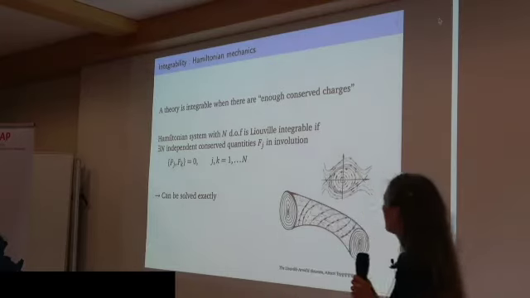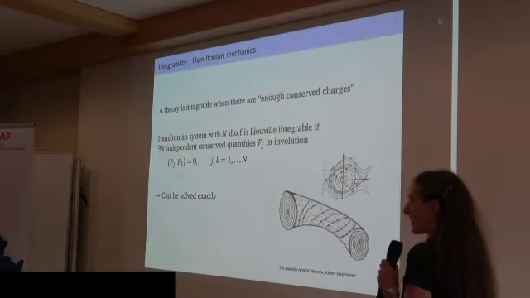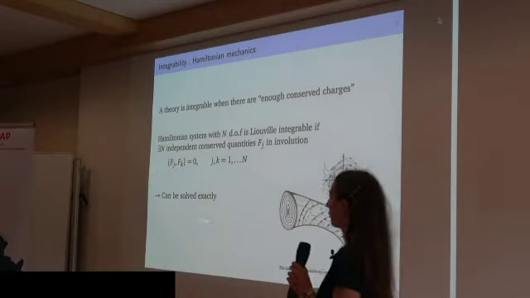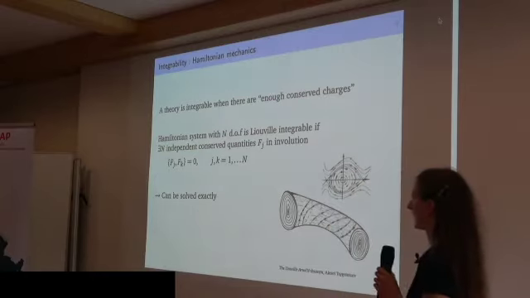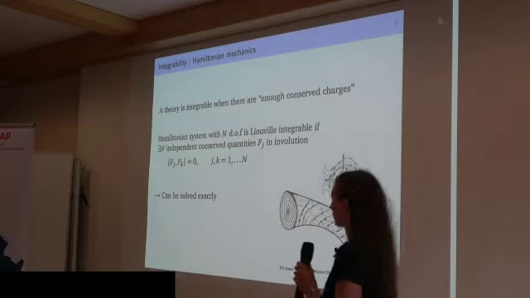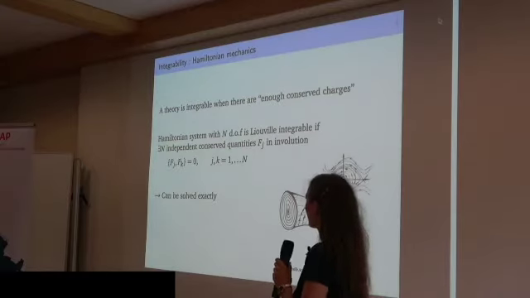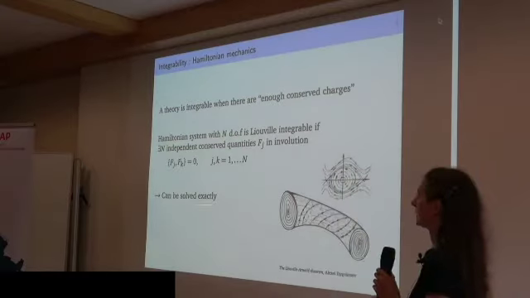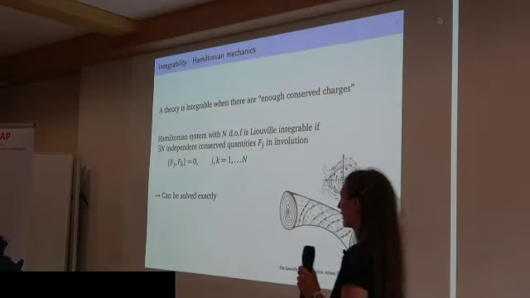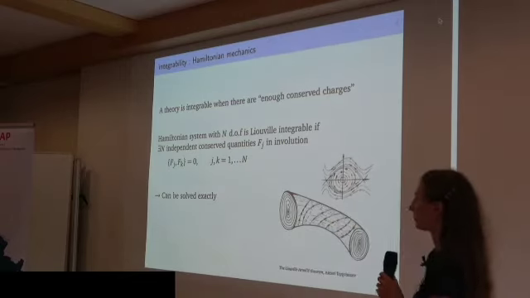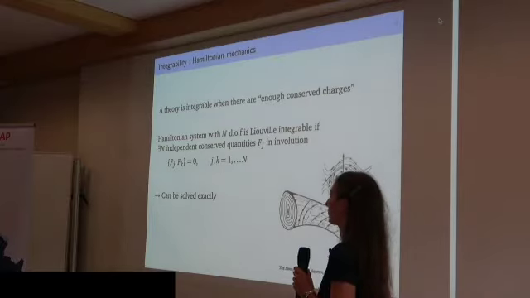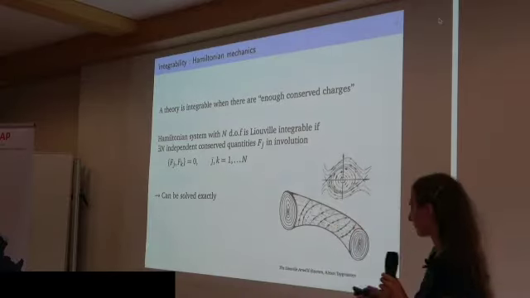And Liouville integrability, so if these properties are satisfied, then you can solve the theory exactly. So you can go to what is called angle action coordinates, and this will allow you to solve the theory exactly, meaning that you can express the solution in terms of integrals. So it's said that you can solve the theory by quadratures.